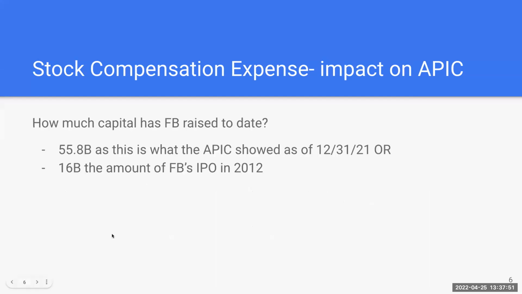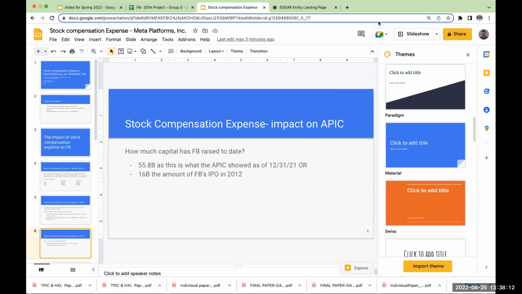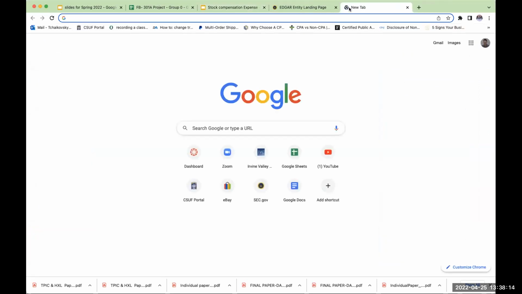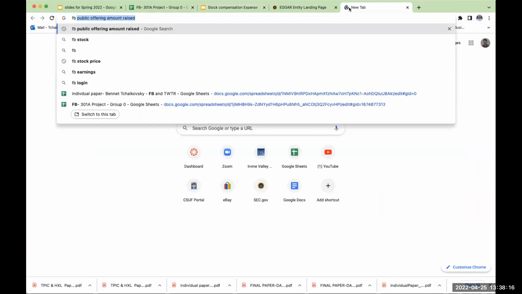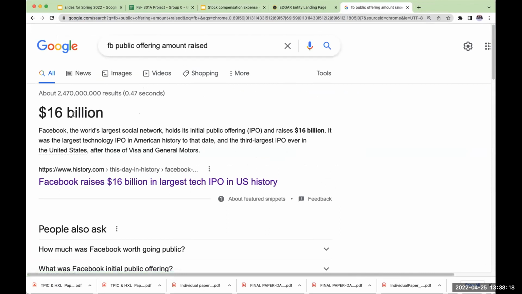If an investor, and this is really who we are creating our financial statements for, looks at our financial statements and sees 55.8 billion, is that how much Facebook raised to date? The answer to that is no. The amount that Meta platforms raised was 16 billion.